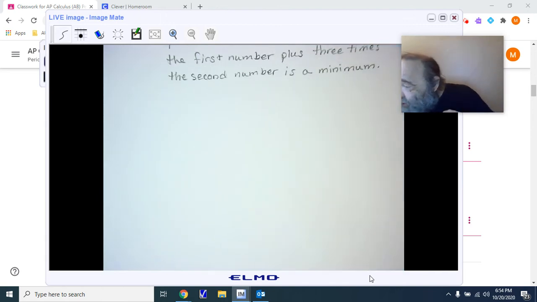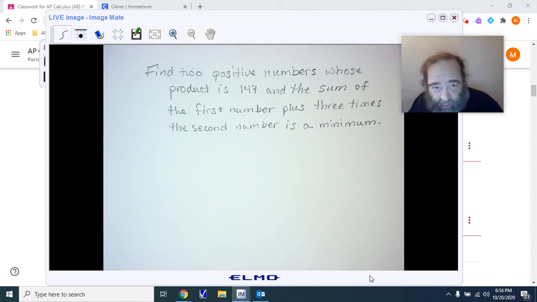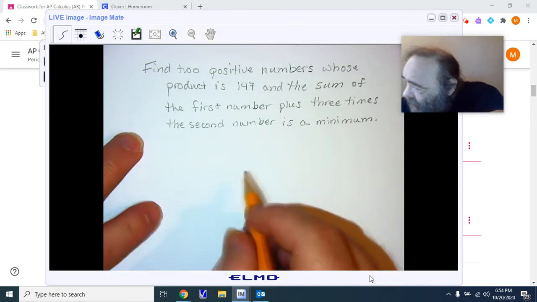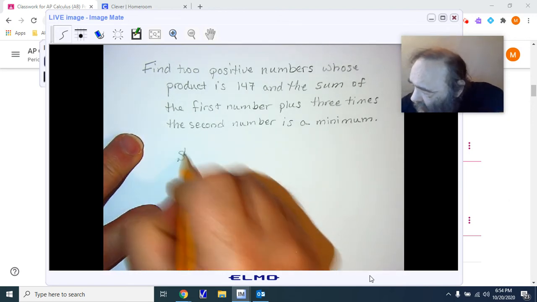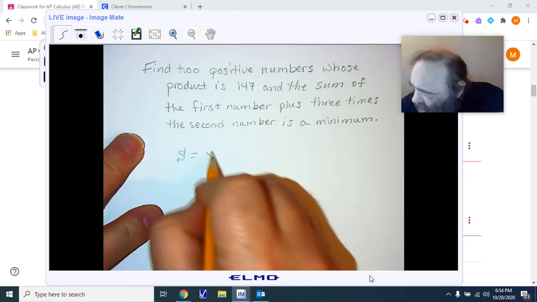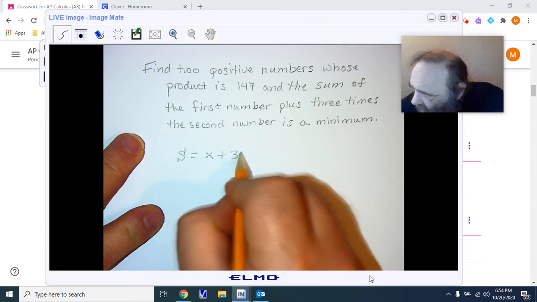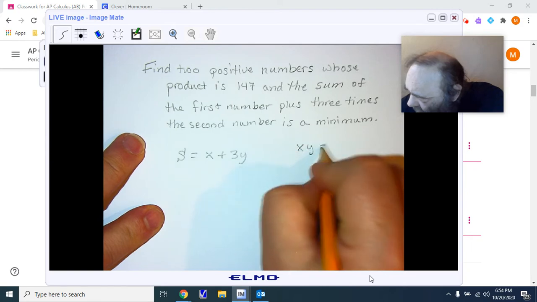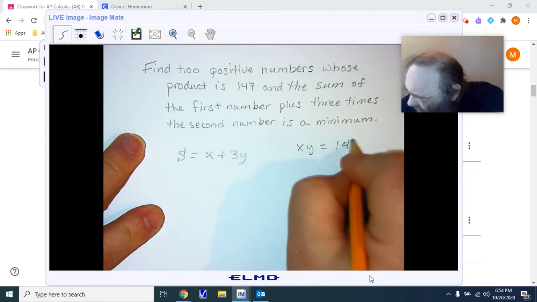Find two positive numbers whose product is 147 and the sum of the first number plus 3 times the second number is a minimum. Make sure you can see that clearly. All right, so we're looking for the sum is the first number plus 3 times the second, and the product is 147.